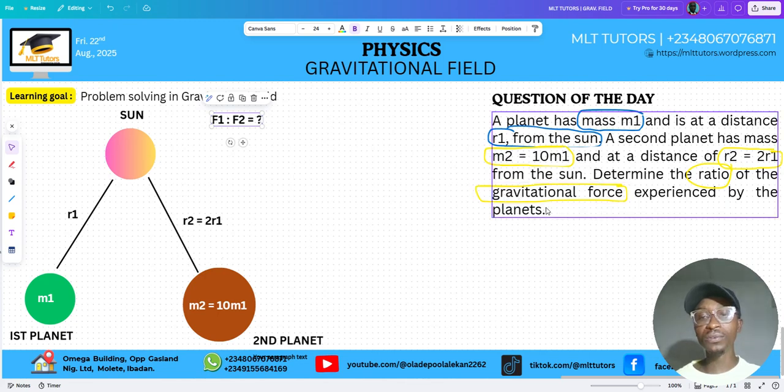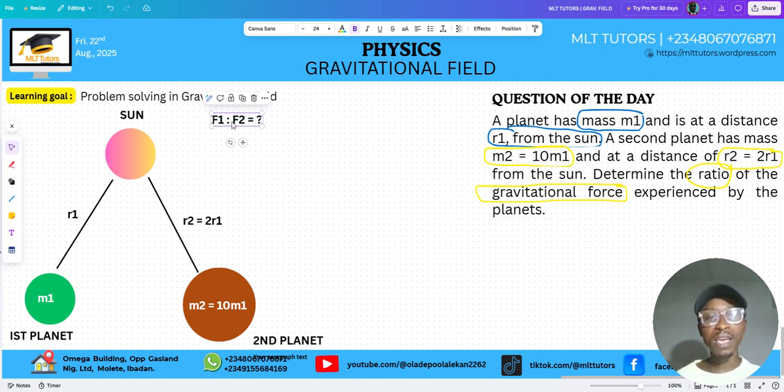Although the question does not really specify this F1 ratio F2, because they just say the ratio of the gravitational forces, then it could be F2 ratio F1.